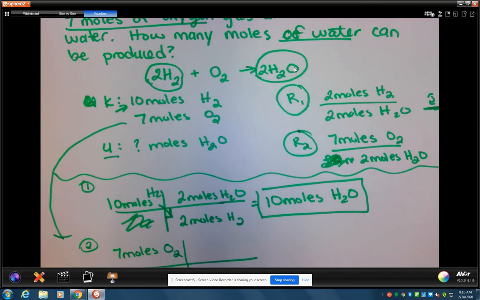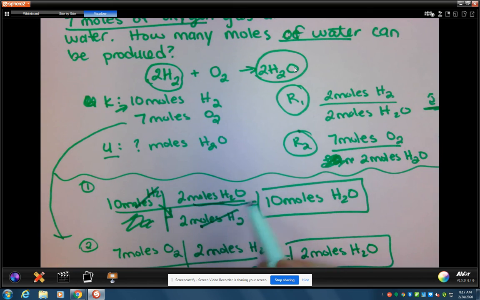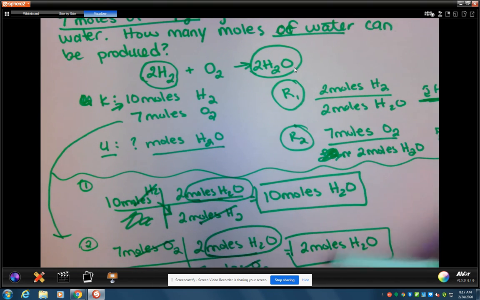So we're going to put 7 moles of O2 on bottom, and then the other half of my relationship on top. 7 times 2 divided by 7 comes out to be 2 moles of H2O. Now we can check our work and make sure we've canceled everything diagonally, and we did. The last unit to write down should match our unknown. And it does.